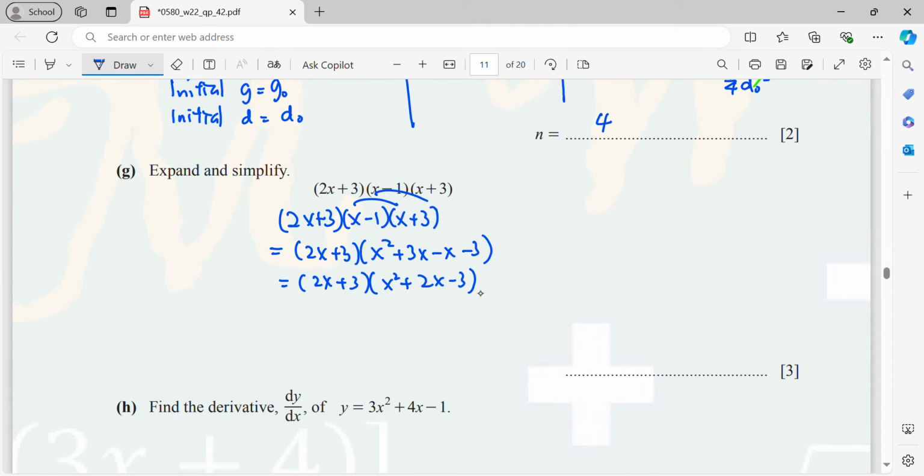Now, x squared plus 2x minus 3 multiplied with 2x, you will be getting 2x cubed plus 4x squared minus 6x. And then the 3 multiplied to the bracket, it will be plus 3x squared plus 6x minus 9. So when you simplify all the terms, you will be getting 2x cubed plus 7x squared minus 9.